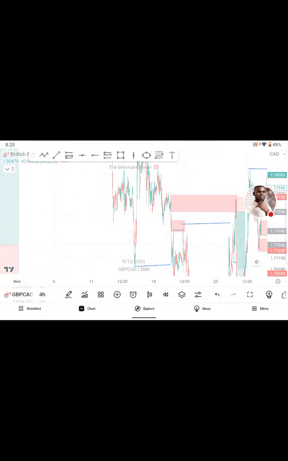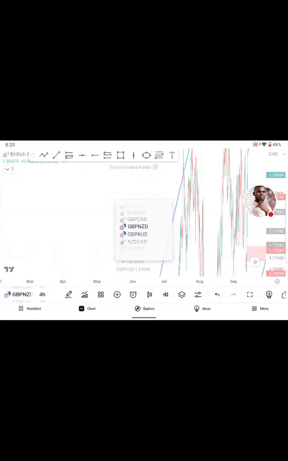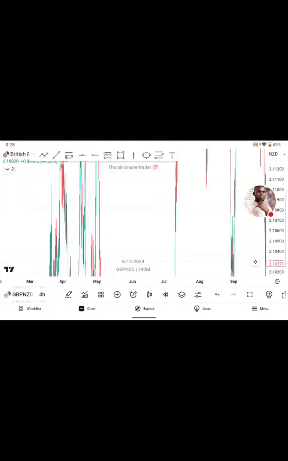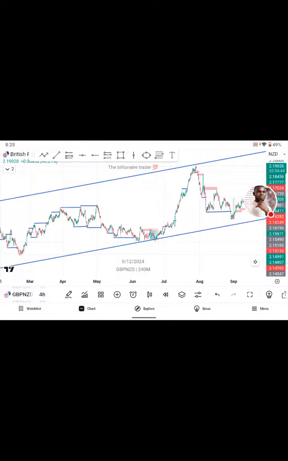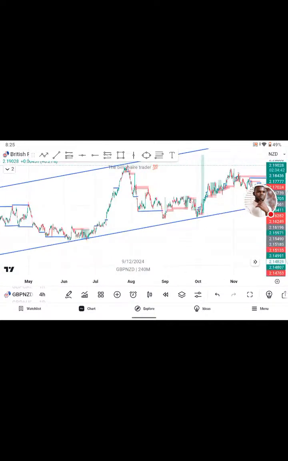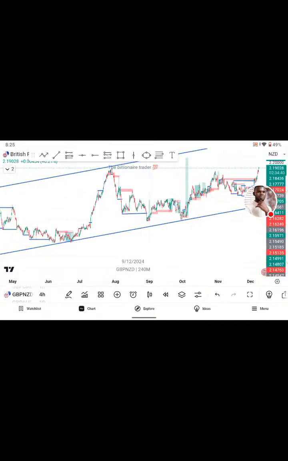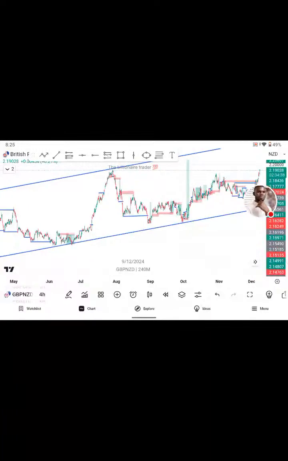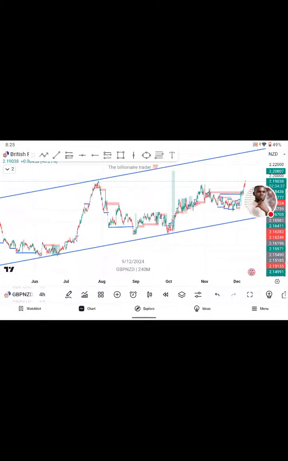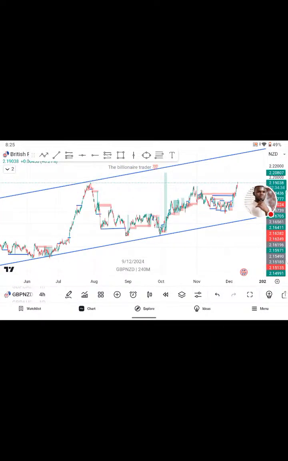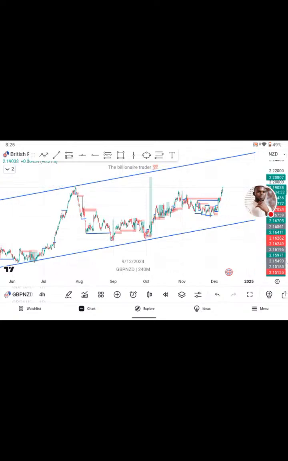So let's go to the next one. Yeah, this is the bigger picture of this pair. It's quite bullish. So I'm still expecting that it's really up.